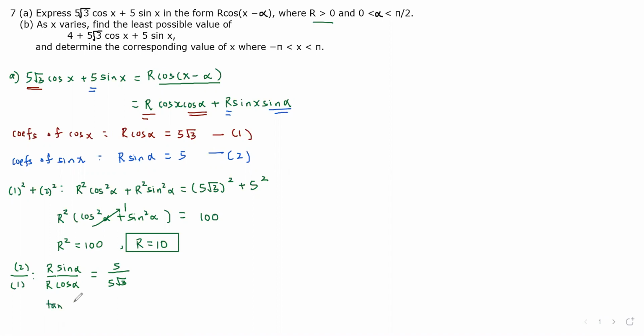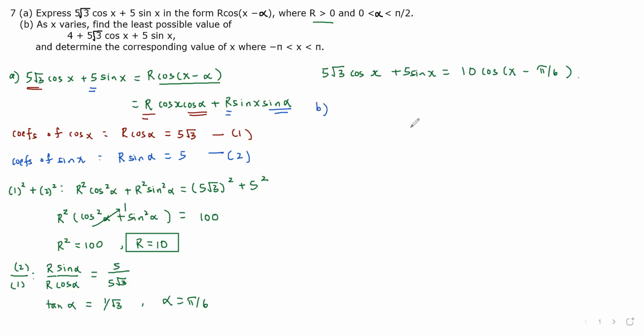Then tan alpha is 1 over root 3, and we know that alpha is pi over 6 from the special triangle. Therefore, 5 root 3 cos x plus 5 sin x can be written as 10 cos(x minus pi over 6).